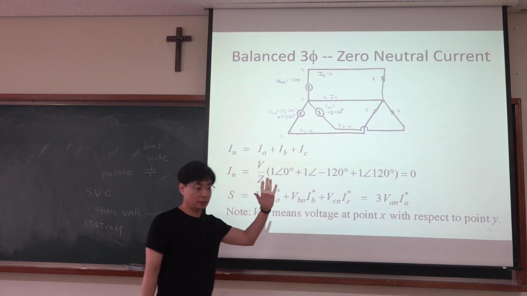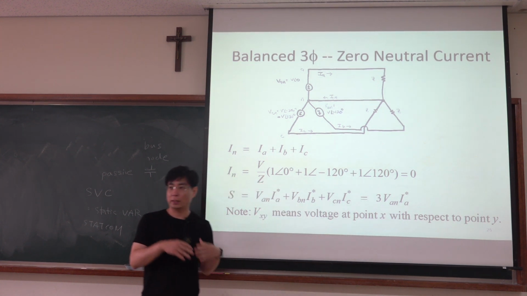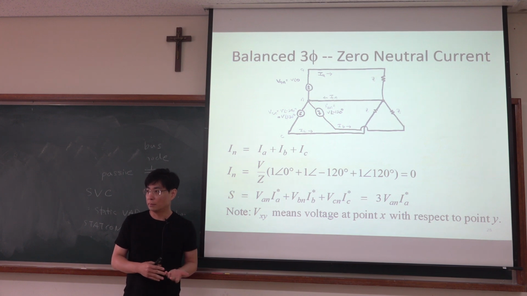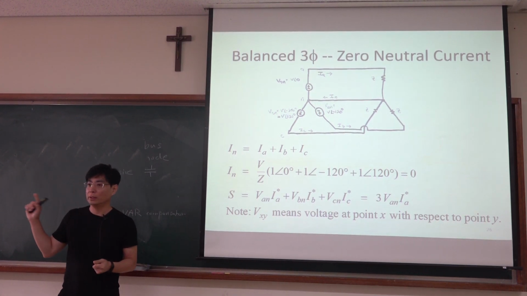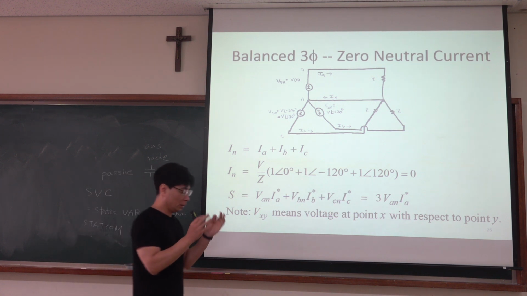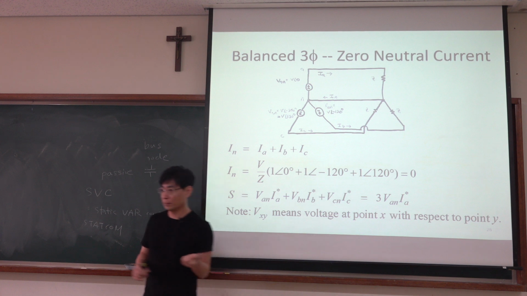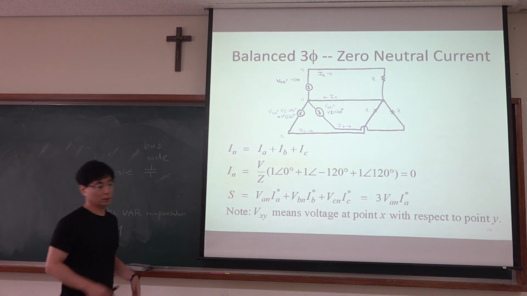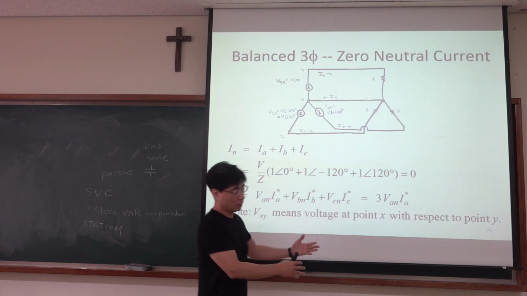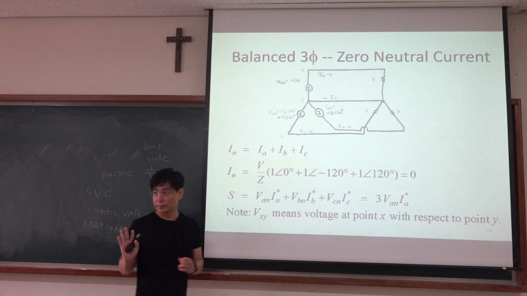Especially in the transmission system, that is possible because we have a lot of aggregated load and aggregated generation. But in the distribution network, it may not be possible. So in distribution network, we typically experience unbalanced three-phase system. That's real. Okay, transmission network is almost the balanced three-phase system. But in distribution network, it may not be true.